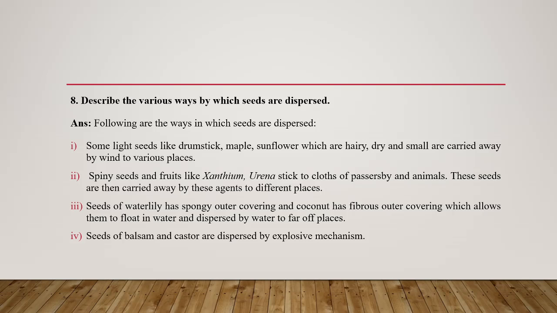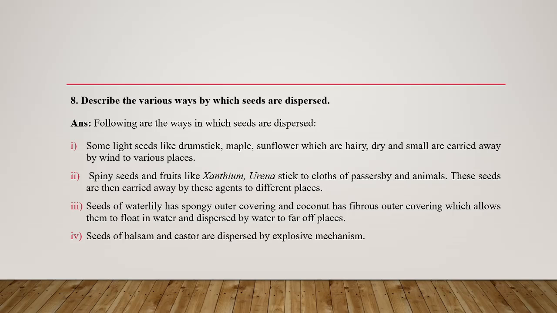So what we have learned: first, the seeds which are hairy and light move out through the wind. Next is the spiny seeds or fruits like xanthium, urena. These stick to the clothes of animals or passersby, and they move to different places.